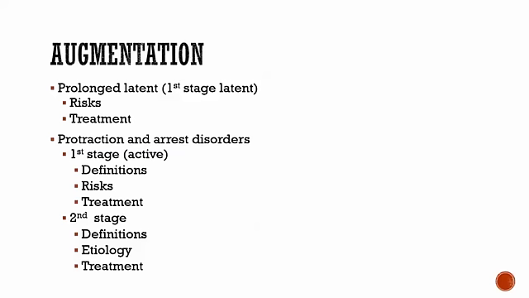And so the first category of this is the first stage of active labor. That could be defined as greater than 4 centimeters under the more traditional data, or greater than 6 centimeters under the newer data, and probably using 6 centimeters is the way to go. To decide if you're protracted or if you're going along normally, you can use the rates of dilation.